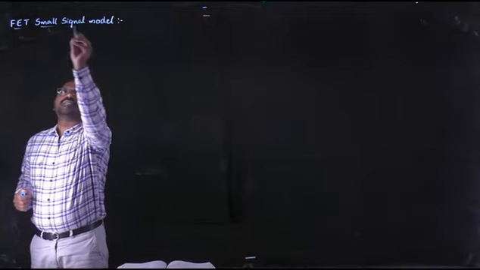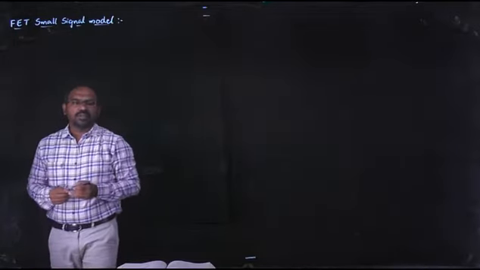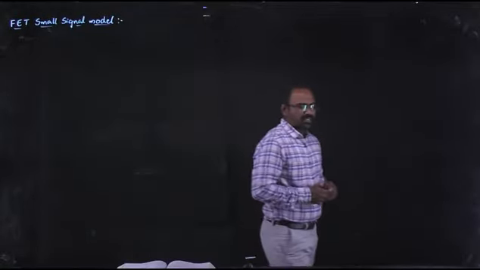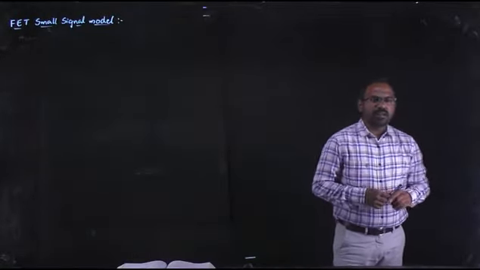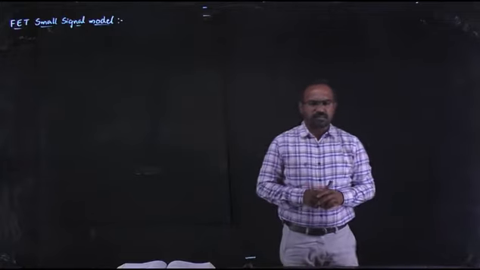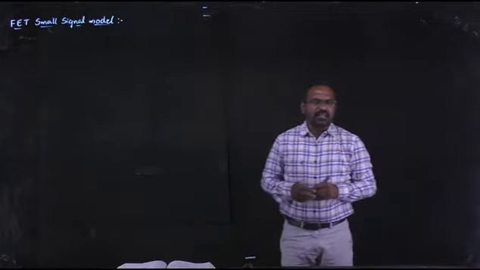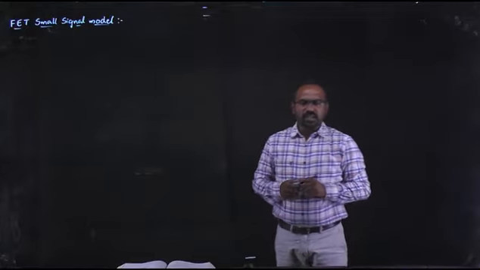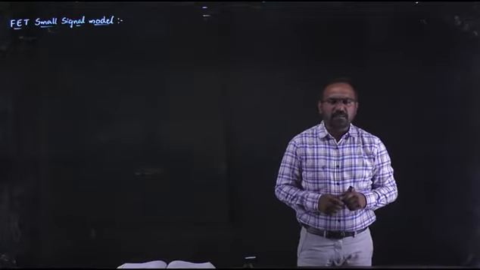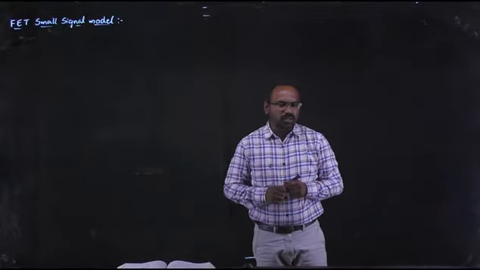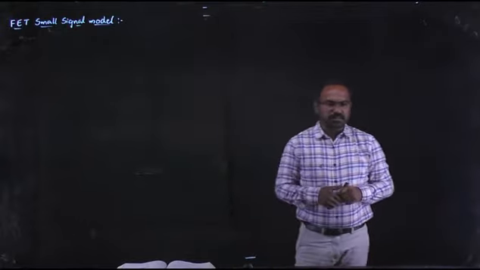In the previous session, we discussed the small signal analysis of the bipolar junction transistor. There we analyzed the amplifying action of the bipolar junction transistor using the H parameter model for small signal.